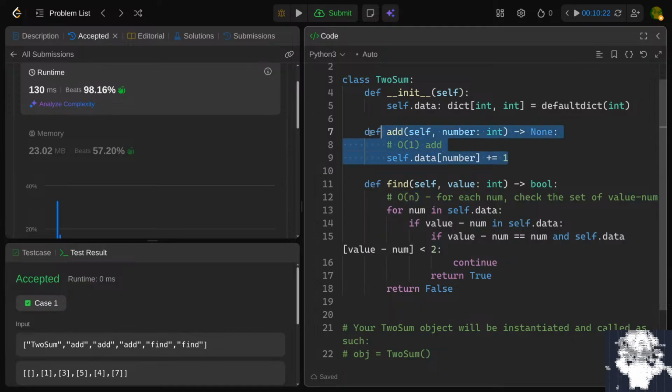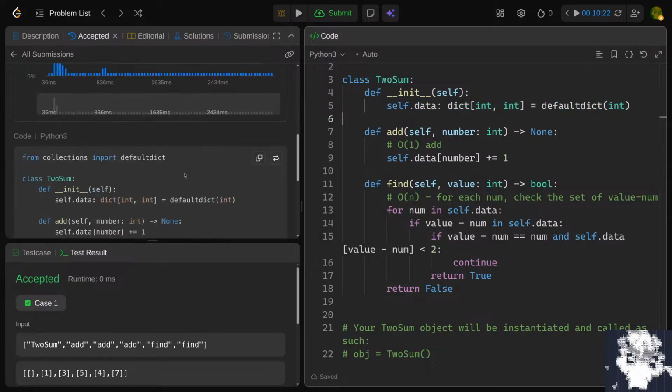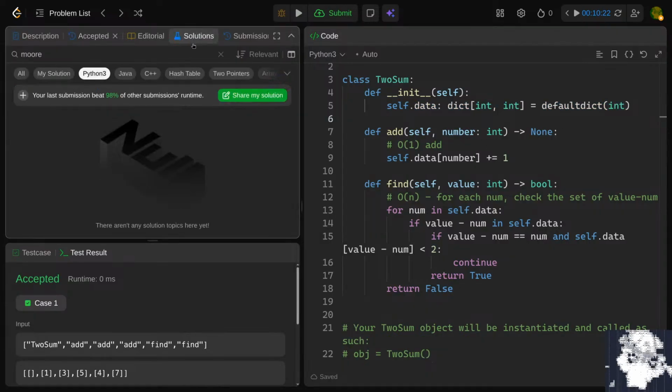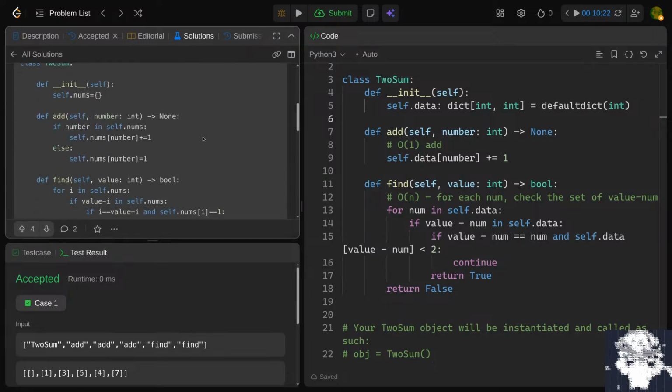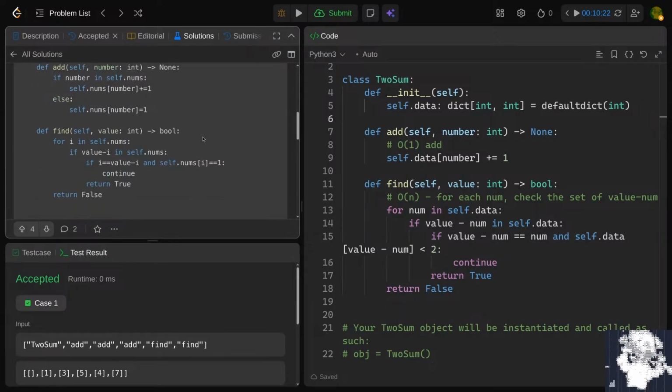You can make add slow and find fast and store more data. But yeah, this is what we're doing.